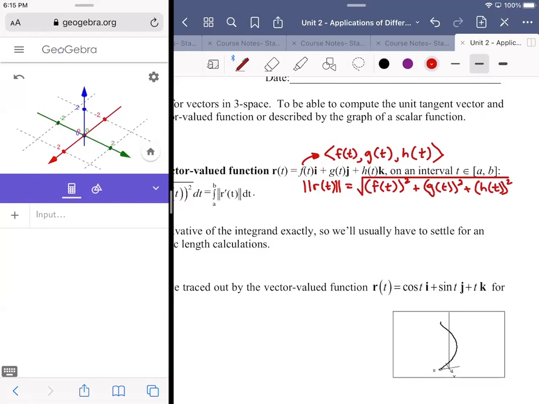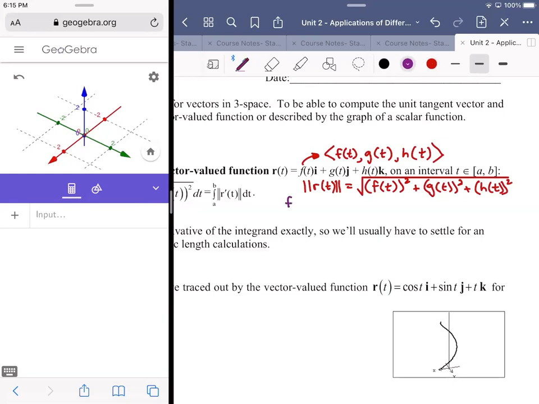Because what you would be doing is dividing your vector valued function by the magnitude, or really just distributing through 1 over the magnitude of the vector valued function, right? So the unit vector in the direction of R of t would be 1 over the magnitude multiplied by R of t. But we'll get to the meaning of that kind of thing in a little bit. For now, we're just expanding that to the idea of, okay, well, what if you have R prime of t?